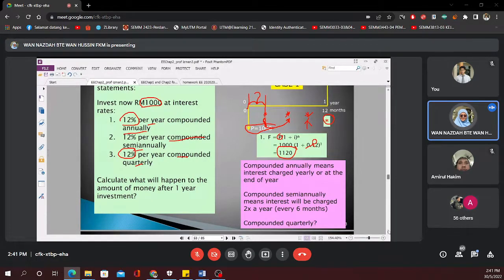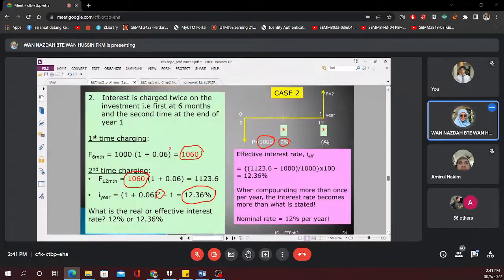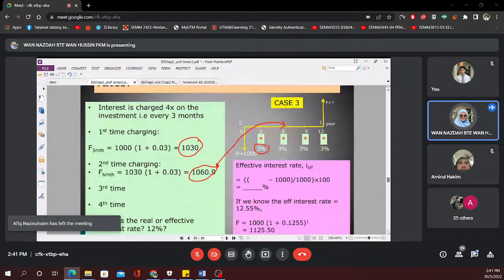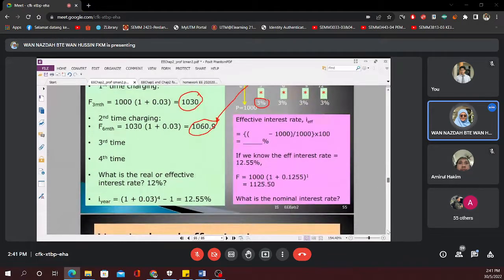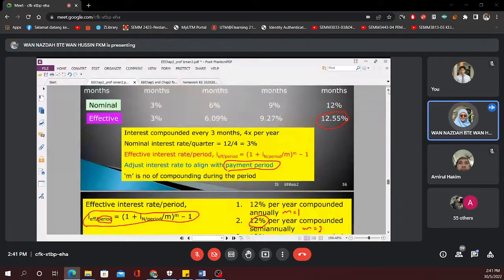Jadi kalau kita kumpulkan dia, dia akan jadi macam ni. Kamu boleh baca. So, bila kita kumpulkan dia, kita akan dapat satu formula, iaitu kita panggil sebagai I effective.